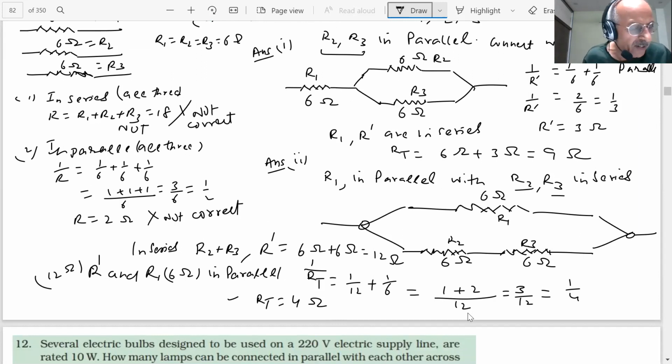We have to try different combinations, students, and find the answer. Such a question is likely to be asked in your paper. Important question, students.